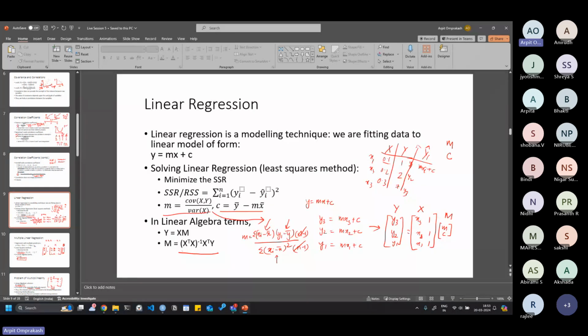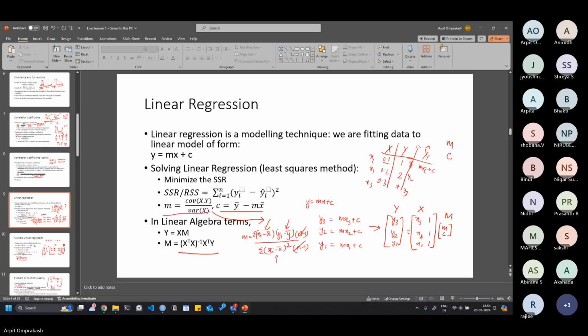We talked about linear regression, where we are basically fitting data to a linear form of a model, y is equal to mx plus c. We talked about how we can use residual sum of squares to solve this using the least square method. So residual sum of squares is basically the summation of (yi minus predicted yi) whole square.